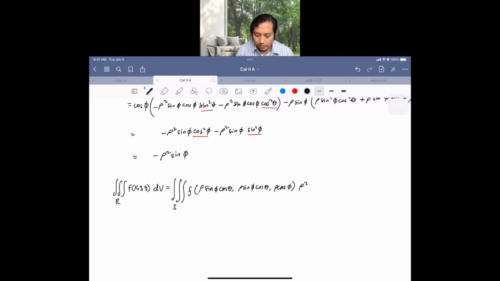And this is rho squared sine phi, d rho, d theta, d phi.